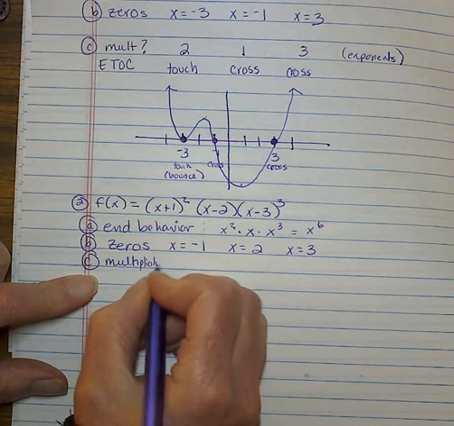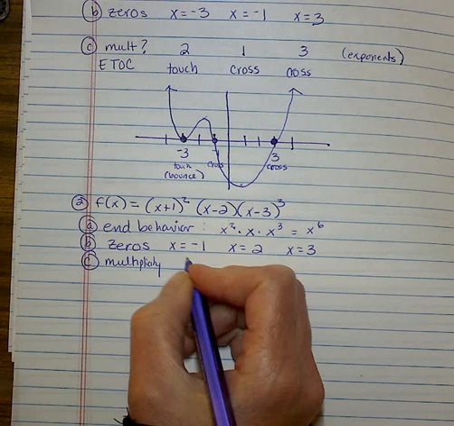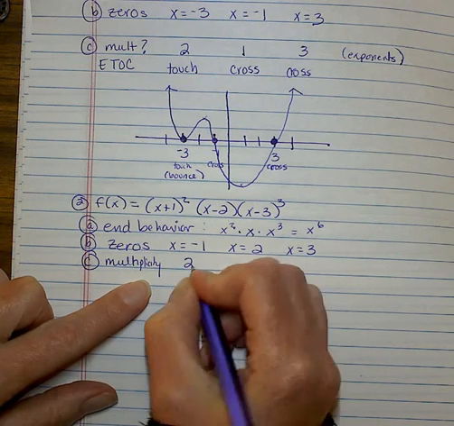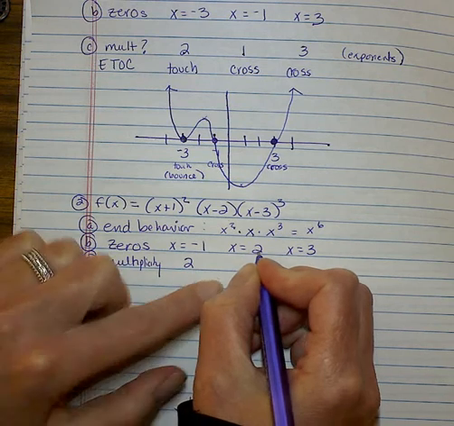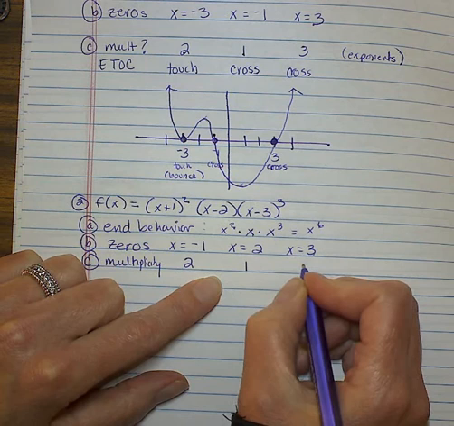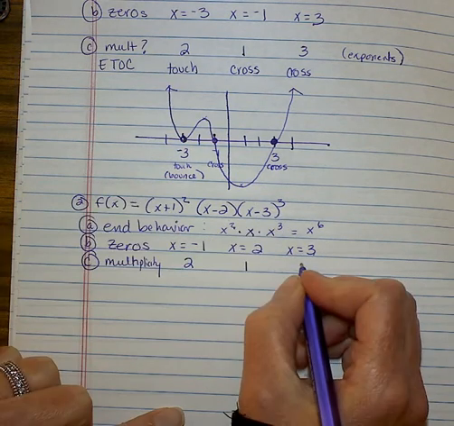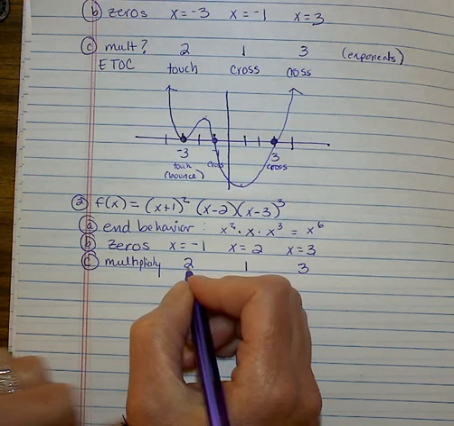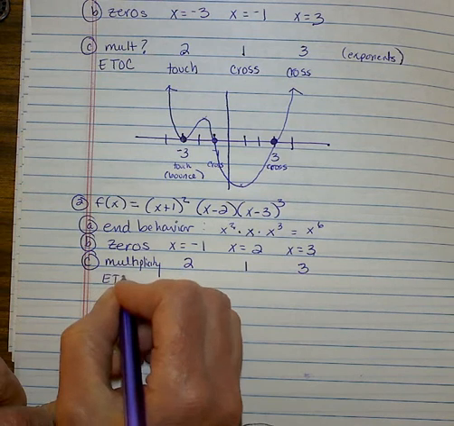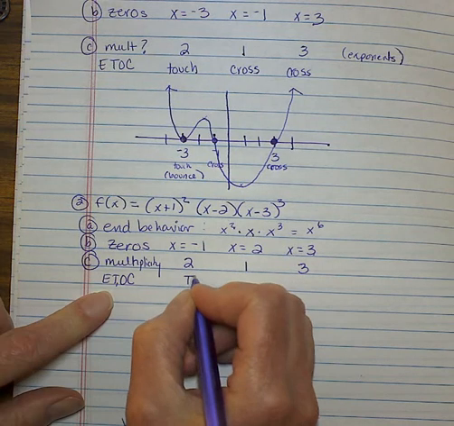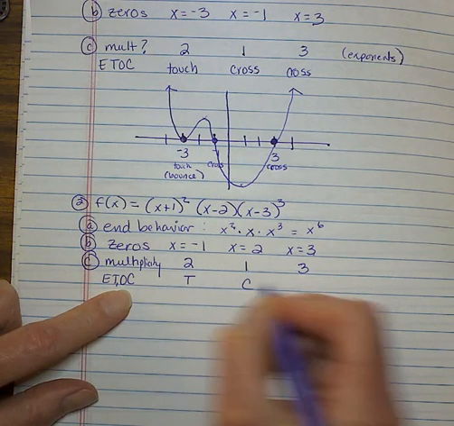Okay, at x equals -1, multiplicity is 2. At x equals +2, multiplicity is 1. At x equals 3, multiplicity is 3. Even, remember, even touches, odd crosses. So at even, we'll have a touch, odd, we'll have a cross.